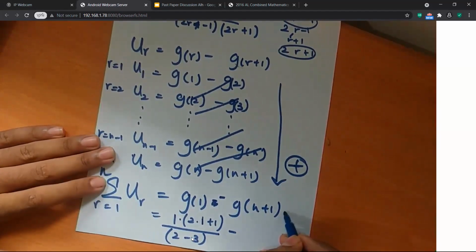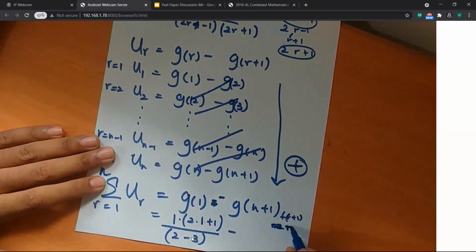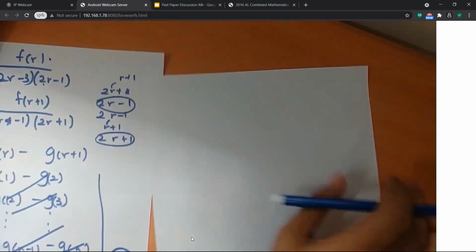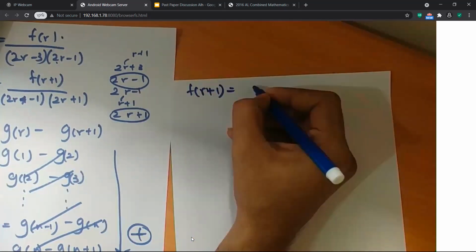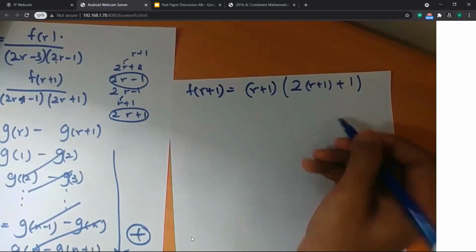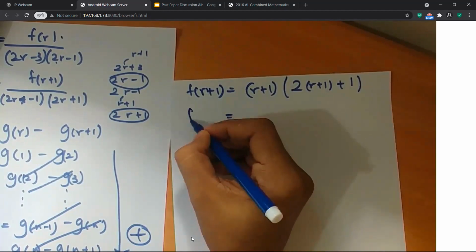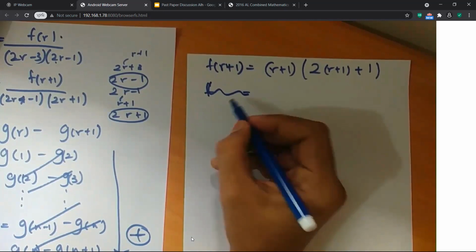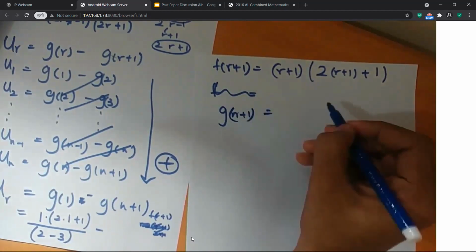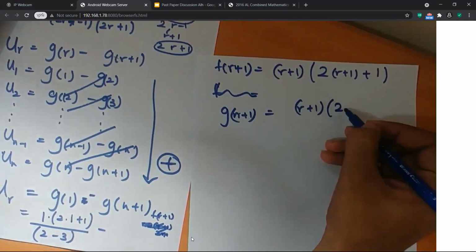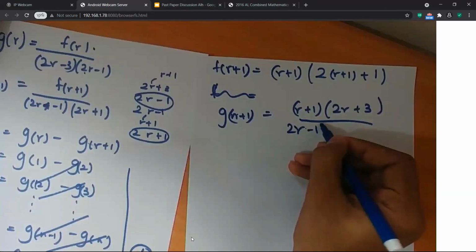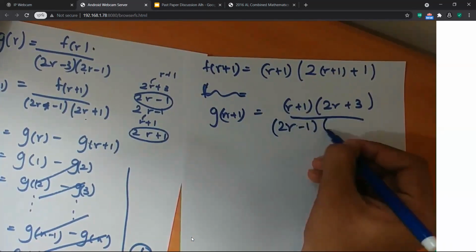So what is f(r+1)? f(r+1) is equal to (r plus 1) into (2(r plus 1) plus 1), so that simplifies to (r plus 1)(2r plus 3), divided by (2r plus 1)(2r plus 3), I get this from here.